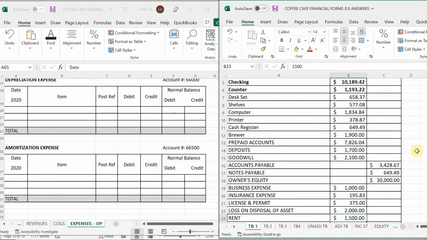Okay. So were you able to get your total debits? Okay, so you're adding them all up together.